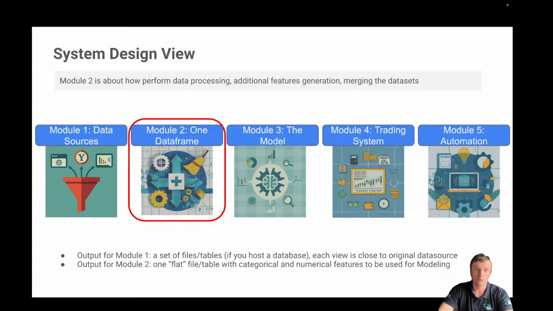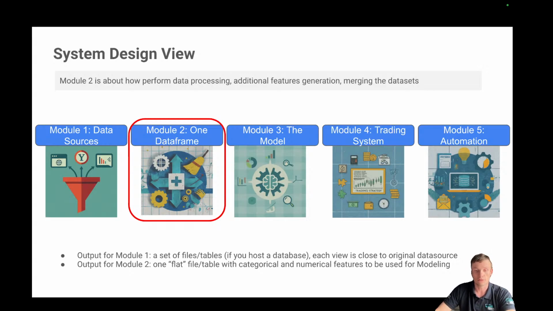If you want to build the whole production system, the output from module 1 will be a set of files or a set of tables that are separate, that are not connected with each other. And all these data tables we upload to Pandas, and we connect them into one data frame, which is aimed to be updated every day.